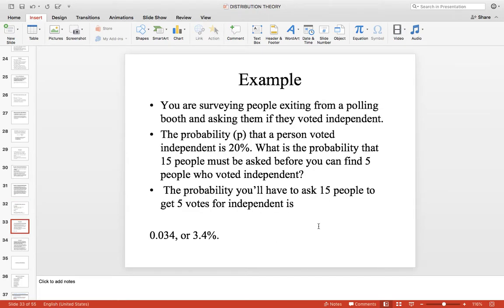0.034 or 3.4%. So coming back to the problem, supposing you know the percentage of voters for a particular party, and you want to find out, when you choose 15 people, that 5 of them are people voting for that particular party, then if you do this calculation, you'll get a value of just 0.034, which is a very remote possibility.